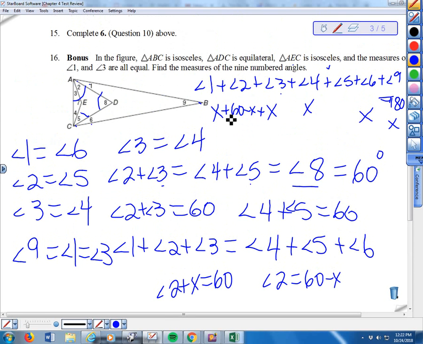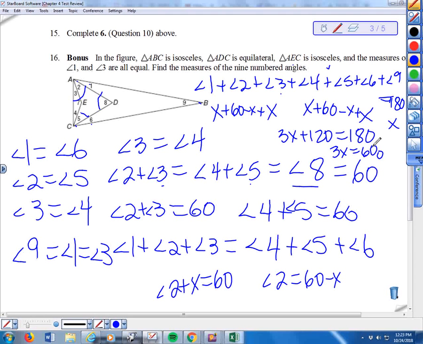And angle 5 must be 60 minus x because those two are equal. Now I've got everything in terms of the variable x. So those cancel, and 3x plus 120 equals 180. 3x equals 60, so I know that x is 20.